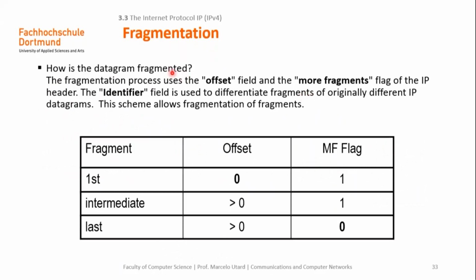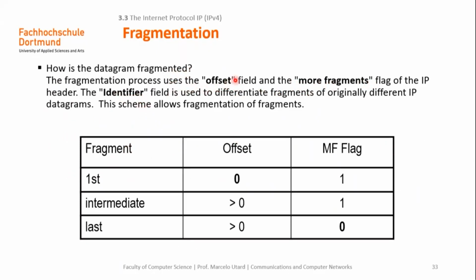How is the datagram fragmented? The fragmentation process uses some fields of the datagram. One is the offset, another is the more fragment flag of the IP header, and the other is the identifier field. Then the identifier field is used to differentiate fragments of originally different IP datagrams.